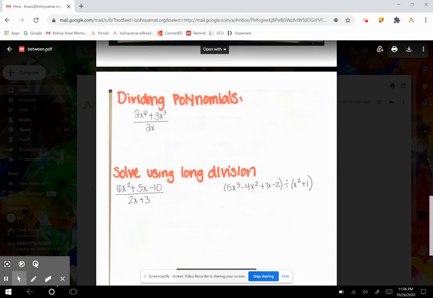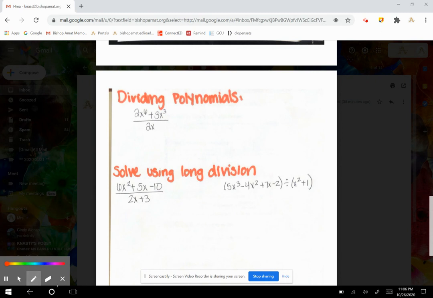Okay, dividing polynomials, this is very back to basics. Just want to make sure you know how to do it. When you have a monomial, when you only have one term at the bottom, it gets distributed to both. So it really looks like 2x to the 6th over 2x plus 3x cubed over 2x. And then you're going to simplify those.